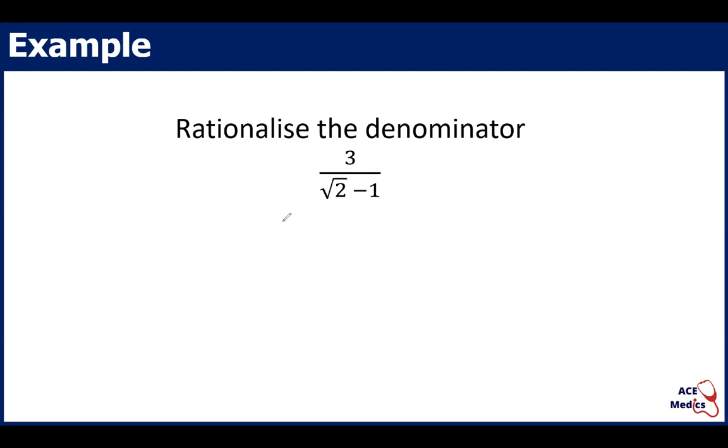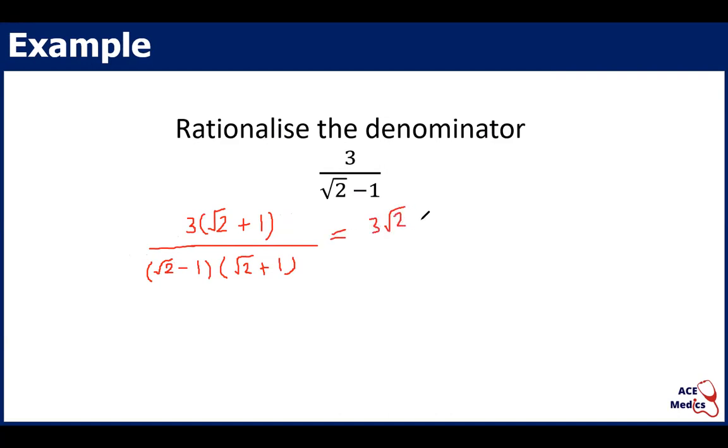So when we're rationalizing, remember we need to do the opposite sign to what it says. So we're going to have 3 and multiply it by root 2 plus 1, and that is going to be divided by root 2 minus 1, root 2 plus 1. So we're going to simplify it. We're going to expand our brackets.